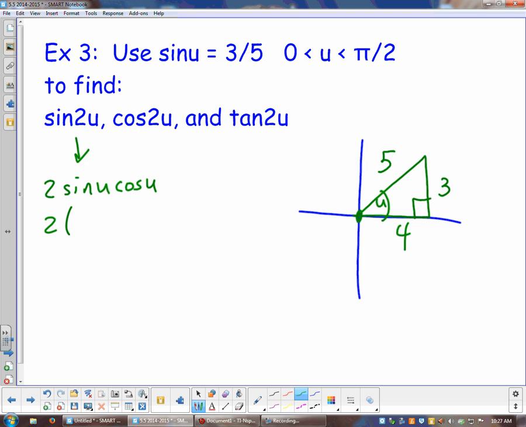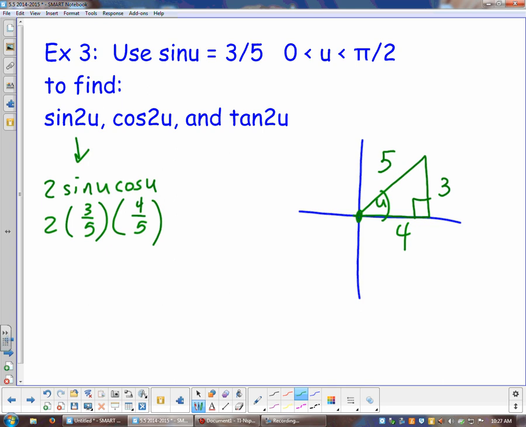So I get 2 times 3/5 times 4/5 as my answer. Think of that as 2 over 1. I get 6 times 4, 24 25ths. Does this look okay? So that means that the sine of 2u is equal to 24 25ths.